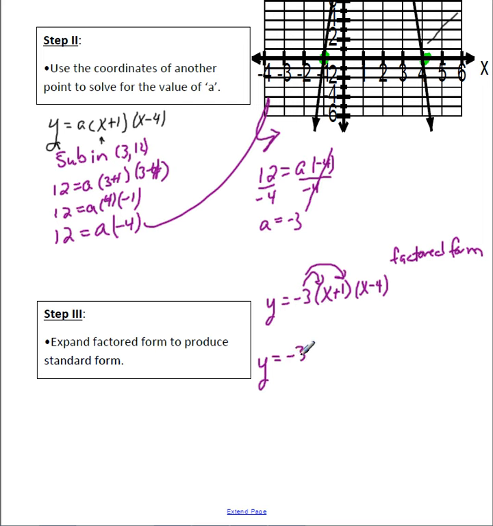So it'll be -3x minus 3. So we multiplied it here. Now we multiply it to this answer, x minus 4. So -3x times x is -3x squared. -3 times -4 is positive 12x. -3 times x, and -3 times -4, positive 12.